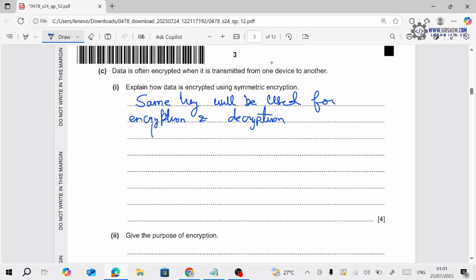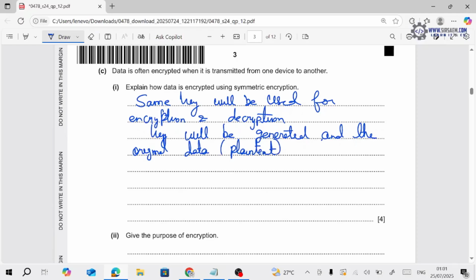So first of all, the key will be generated. Now the original data, which is also known as the plain text, will be converted into ciphertext using the secret key and the encryption algorithm.